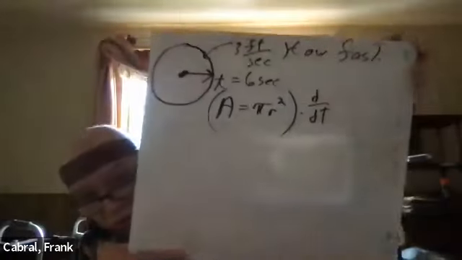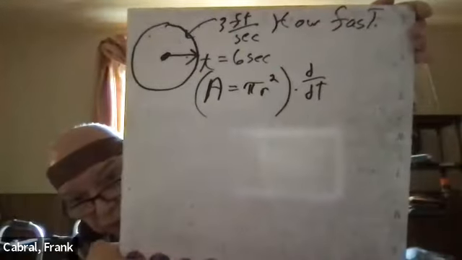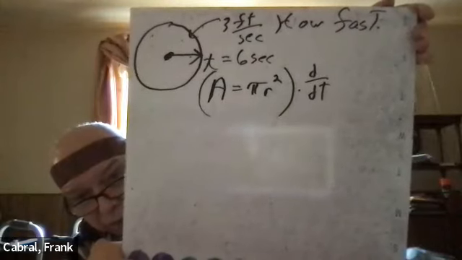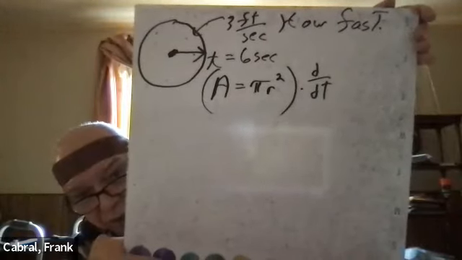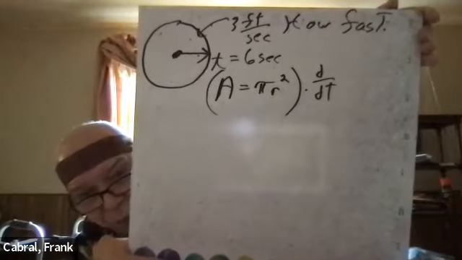Because notice that t, which is time, is not in the area formula. So we're differentiating the area formula with respect to t. And there you can see we're differentiating A equals pi r squared. We're taking d/dt of that formula. So simple, nothing complicated here.